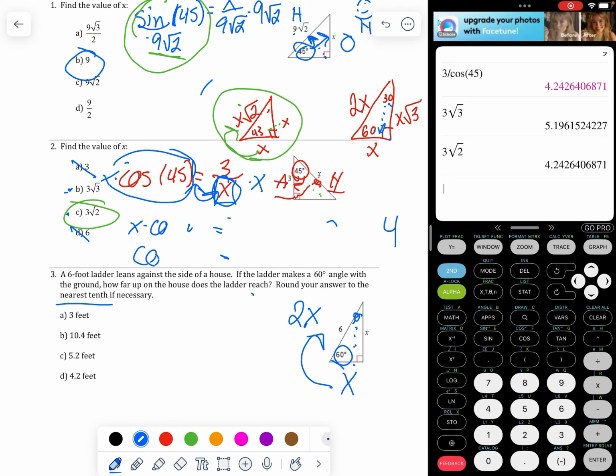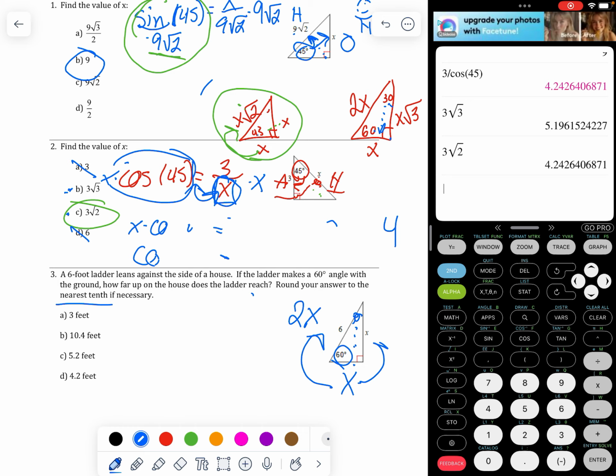And to get to our long leg from that short leg, we technically just multiply x by the square root of 3. Okay? Well, right now I'm given my hypotenuse. So to get from the hypotenuse back to my short leg, this is 2x equals 6. Okay, well, to get x by itself, we divide by 2 to get back to that x value, right?